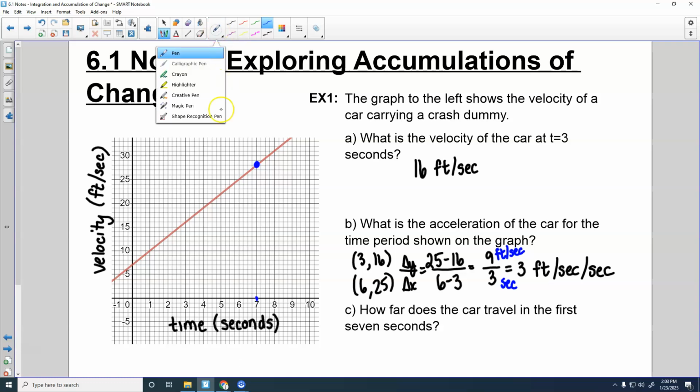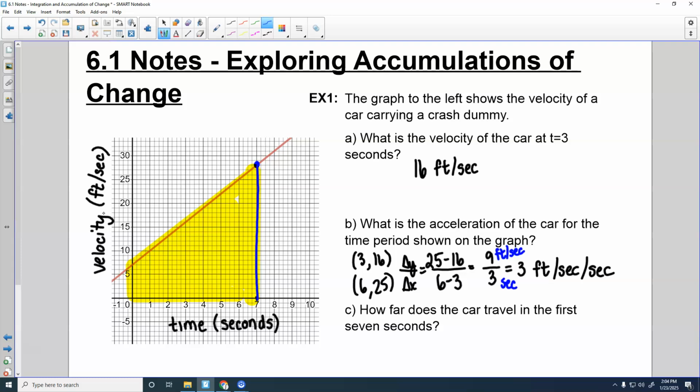But if I find the area of this shape right here, when I'm finding that area, it is taking my time and multiplying it by my velocity, which is feet per second times seconds, which would just give me the number of feet that have been traveled.